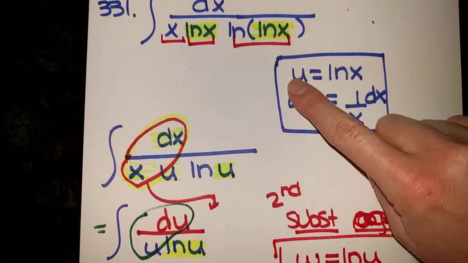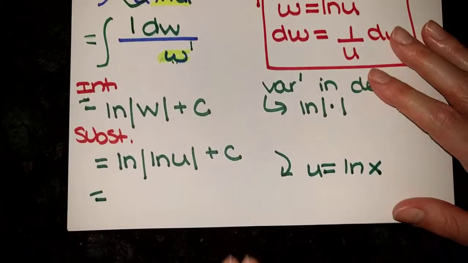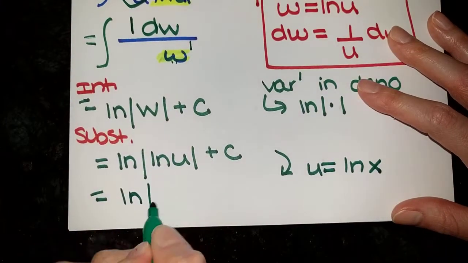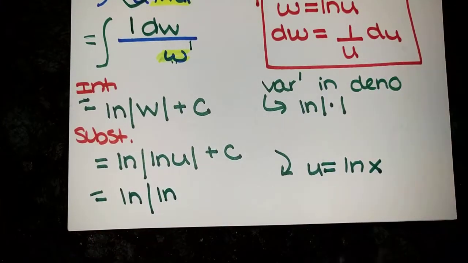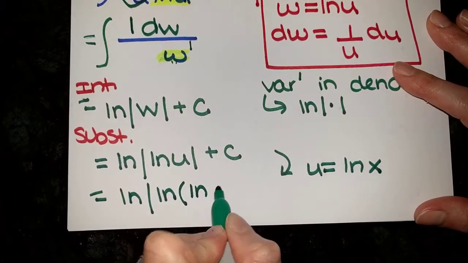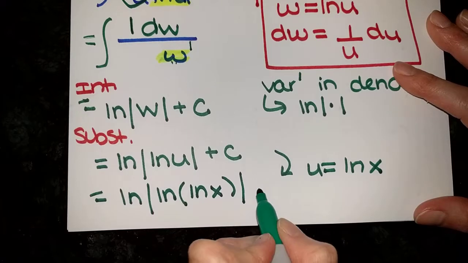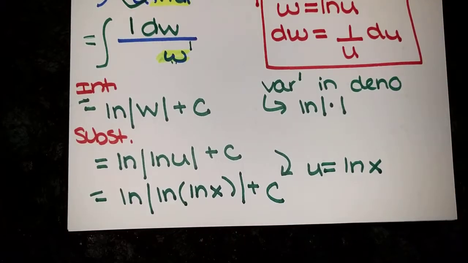Up here, we had u is equal to natural log x. So we'll have natural log, absolute value, natural log, and then in for our u, we plug in natural log x, absolute value, plus c. And that would be our final answer. So we have lots of natural logs in there. There are 3 natural logs, and again, that's doing 2 u substitutions.